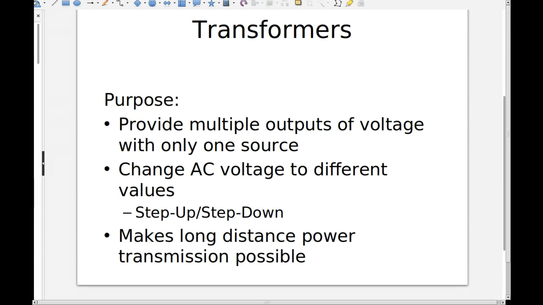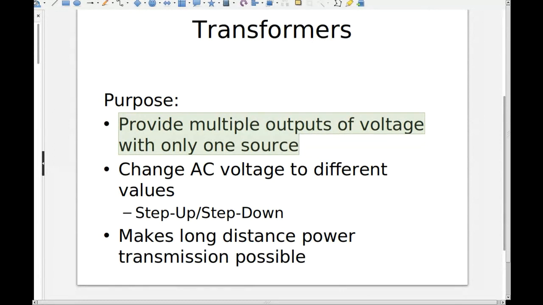All right, so the purpose that I hopefully gave you a good demonstration of is that a transformer steps up or steps down the voltage. Another purpose is that you can have taps on the transformer to get multiple voltages.